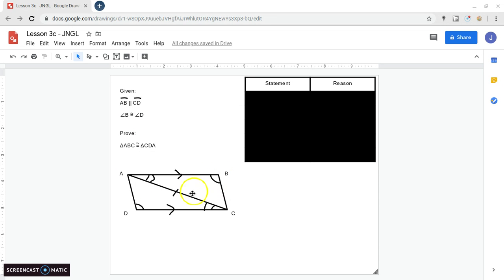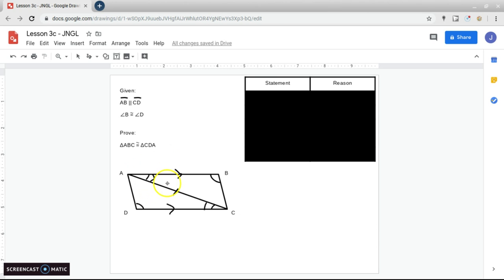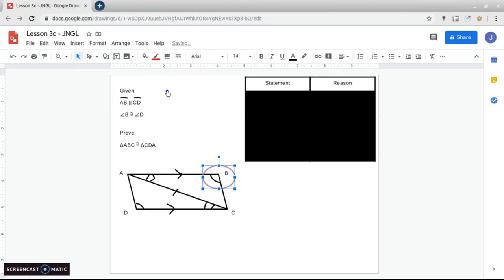So, well, we can already see that. Remember, the things that we have to prove are these, and these. So, let me circle all the things that we need to prove.